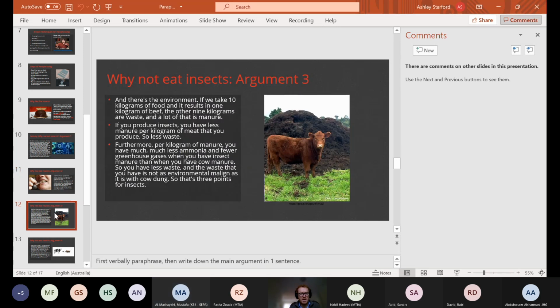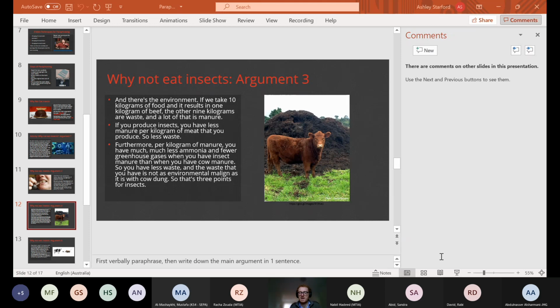And argument 3. The environmental impacts that come from animal waste are much more than those that come from insect waste. Okay, yep. So the environmental impact from animal waste is more severe, we could say, than from insects.